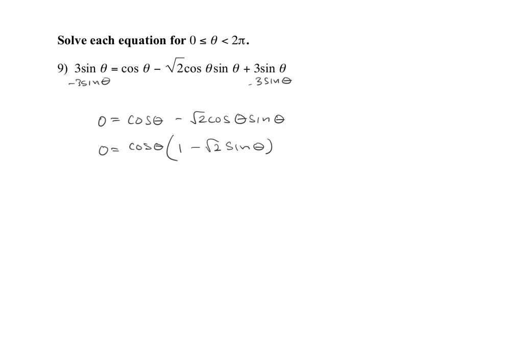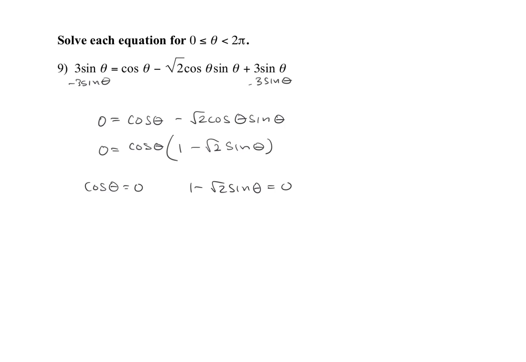So this is called the zero product property. Now, if this multiplied by this is equal to 0, that means both this factor, cosine, is equal to 0, and then this factor is equal to 0. So we're solving these kind of separately.